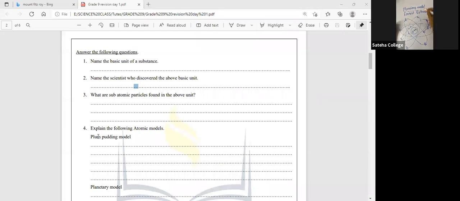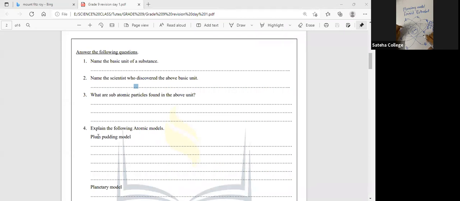So that is the planetary model. So what is the planetary model? He told an atom consists of a nucleus which contains protons and neutrons, and the electrons are revolving around the nucleus in energy orbits. That's all. Understood? Yes, miss.